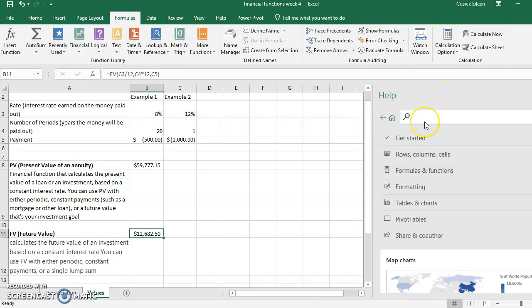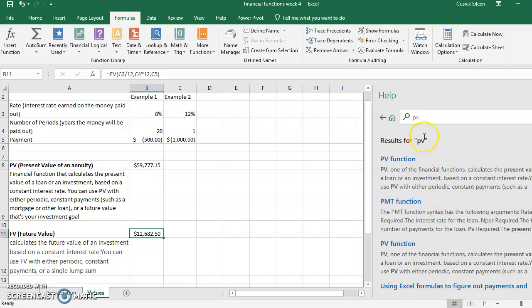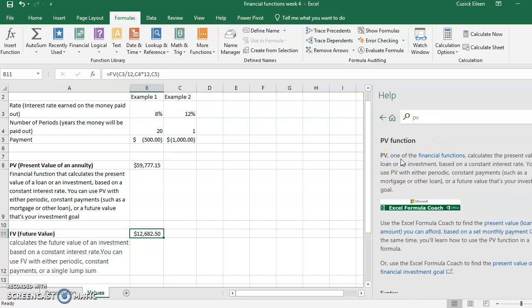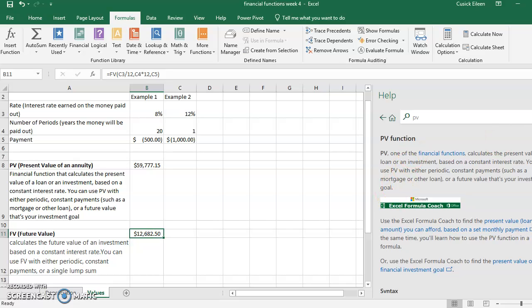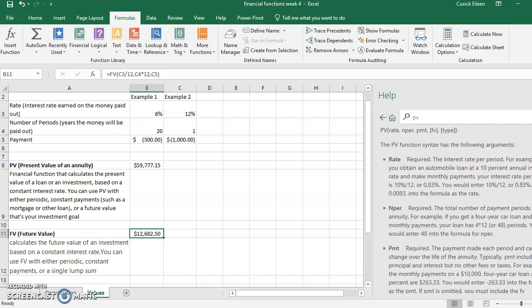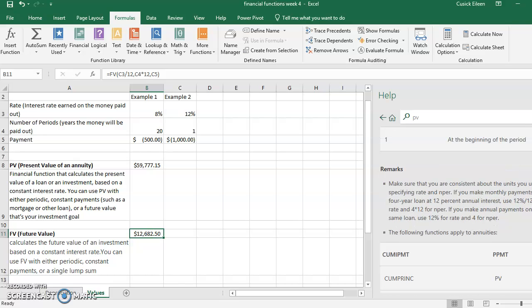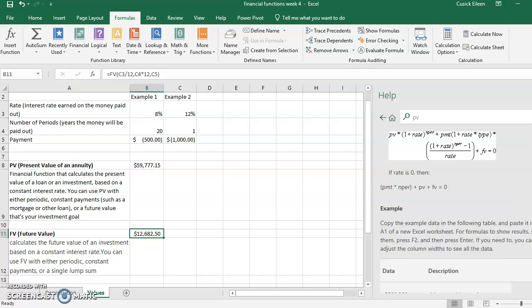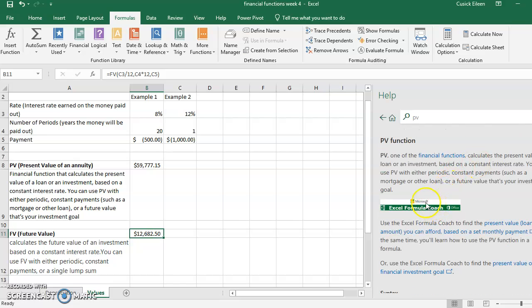Again, using my F1 button, I could go into present value, and I have my present value function. What I wanted to show you that's really nice is that we have an Excel formula coach. You have the options similar to what we had in declining balance and double declining balance: syntax and nice examples. But we also have the formula coach.